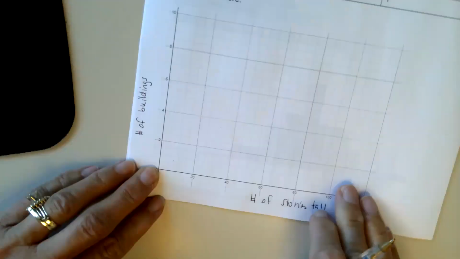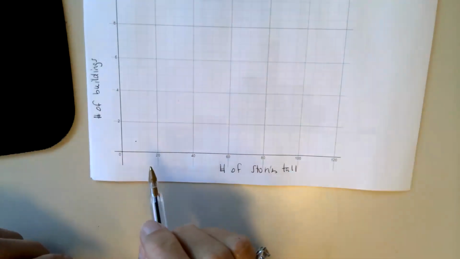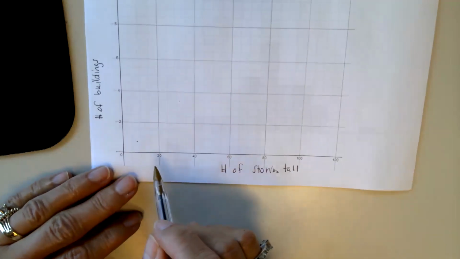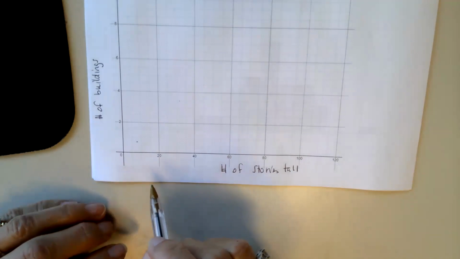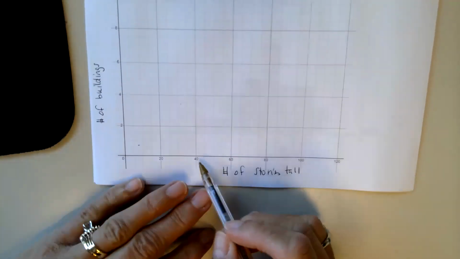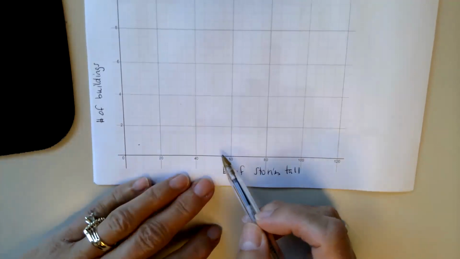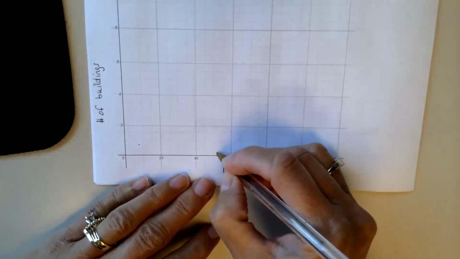And so our first boundary is 53.5. These are going by 5, 10, 15, 20. So this is going to be 50 right here, and 55 is right here. So it's going to be right in about the middle there.